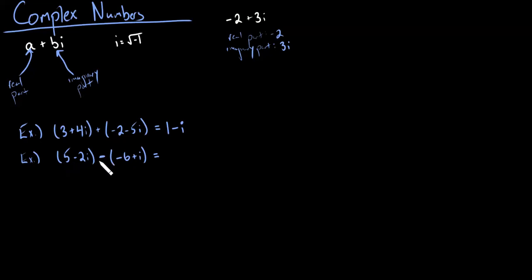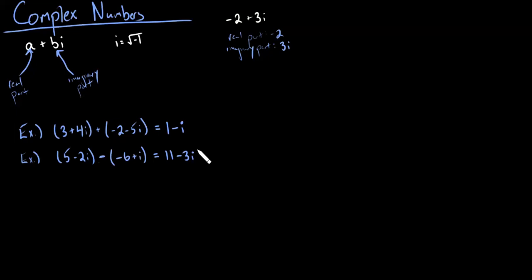So we're going to have 5 minus negative 6. Well, that double negative is going to turn into positive, so that'll be positive 11, and negative 2i minus i, which would be negative 3i, and that's it. There's really not much more to it than that. Okay, so that's really adding and subtracting complex numbers. I don't think we need to go over too many examples of those.